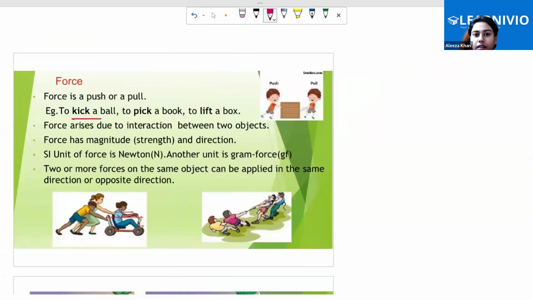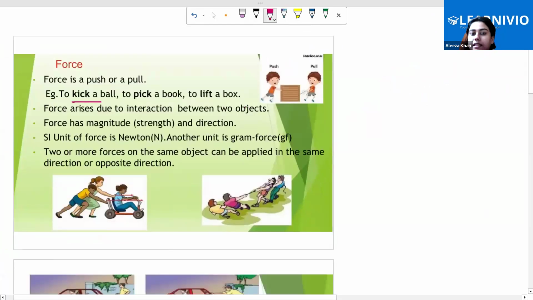To kick a ball is pushing. So what's happening? Are you able to see the direction of the object? Whenever you have kicked a ball, is the position changing or not? Yes, the position changes.